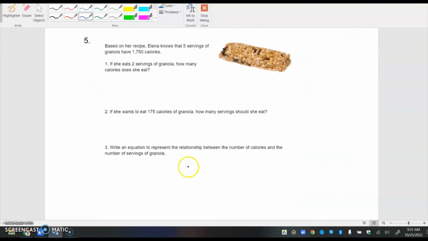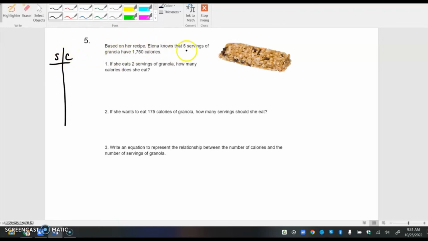Number 5. It says, based on her recipe, Elena knows that 5 servings of granola have 1,750 calories. If she eats 2 servings, how many calories does she eat? So again, for this one, like we started off, it's going to be really helpful to make a table. You don't have to, but I'm going to.